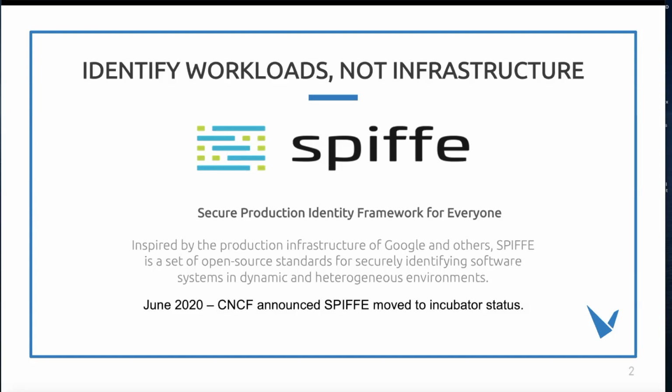What Spiffy does for us is it allows us to do attribute-based authentication by embedding what they call SVIDs in credentials that are presented for authentication. And we can evaluate those attributes, embedded in either an X509 certificate or a JWT, against policy.